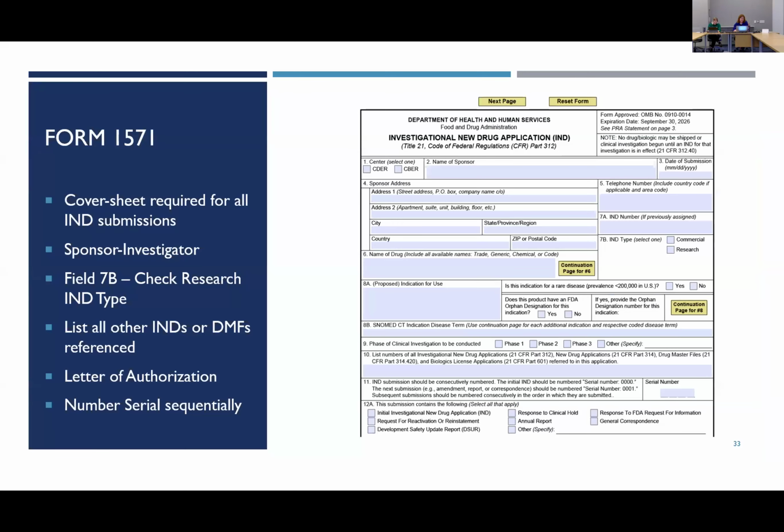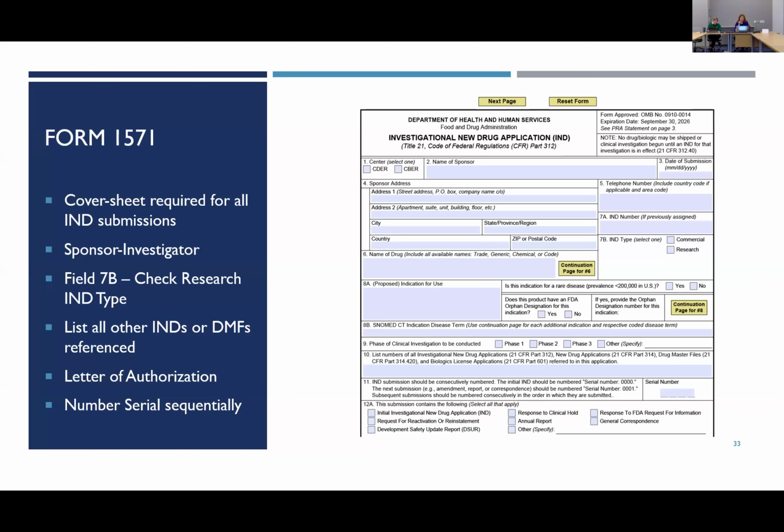So starting with the 1571, this is what serves as the official IND application cover sheet from the FDA's perspective. It's required to be completed anytime you're submitting information to the FDA for the IND. So it's the initial submission, and then each time you are submitting an amendment, annual report, whatever it might be, this form is also submitted.